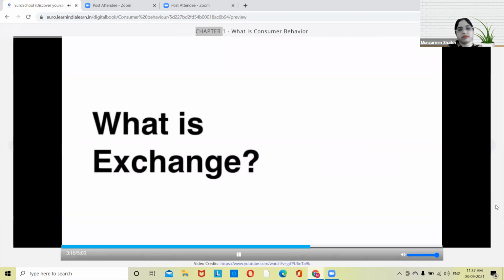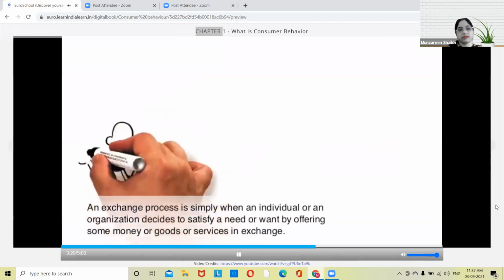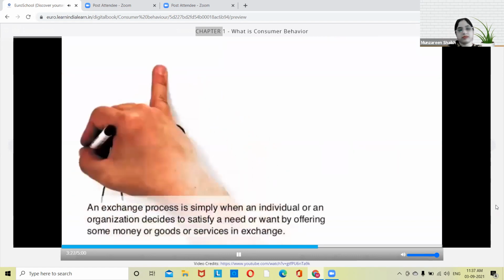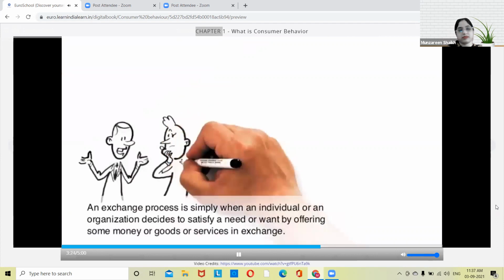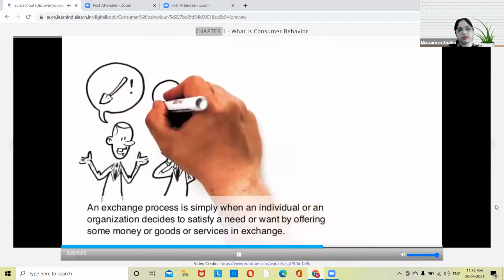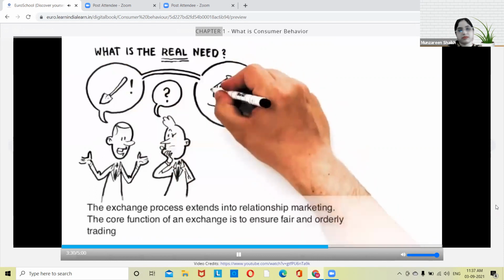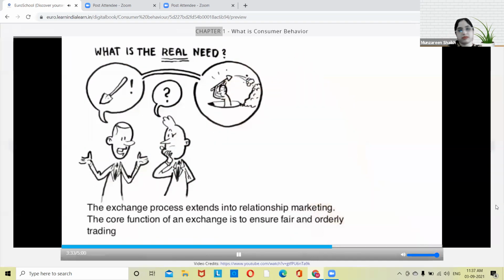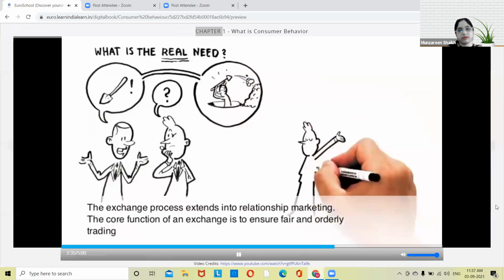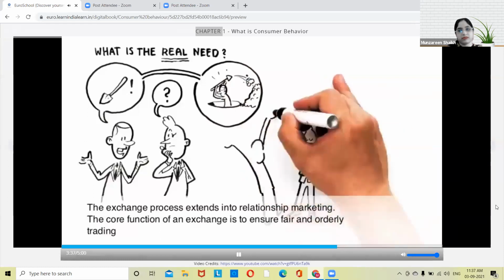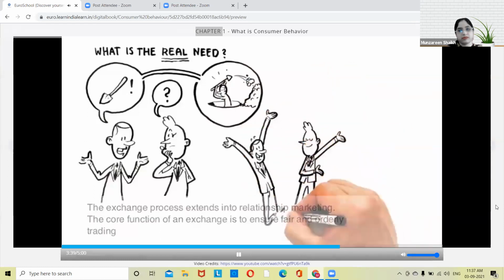What is exchange? An exchange process is simply when an individual or an organization decides to satisfy a need or want by offering some money or goods or services in exchange. The exchange process extends into relationship marketing. The core function of an exchange is to ensure fair and orderly trading.